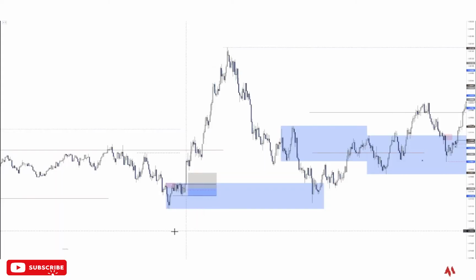So heading down to the lower time frame, on Monday, price came into our discount pricing, and we had a V-shaped recovery into supply zone.